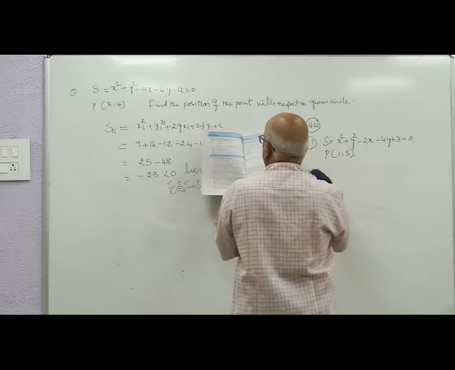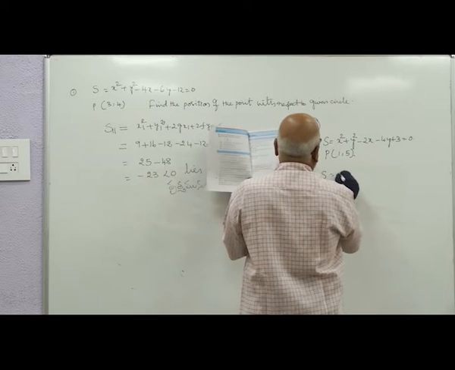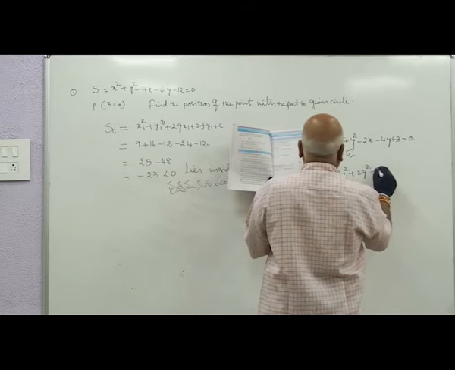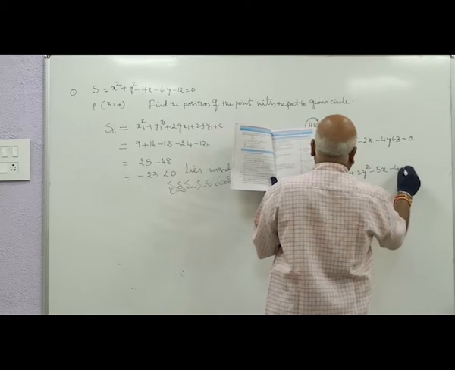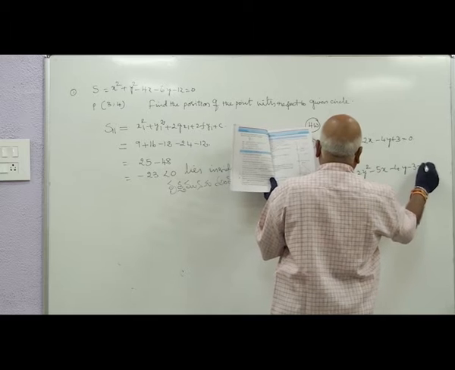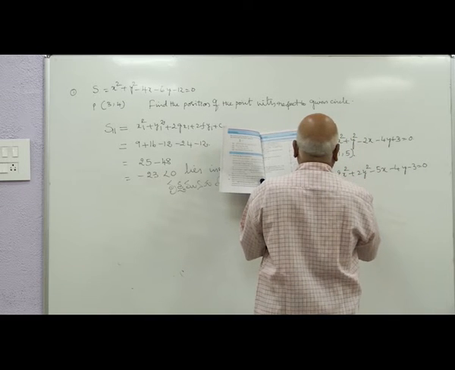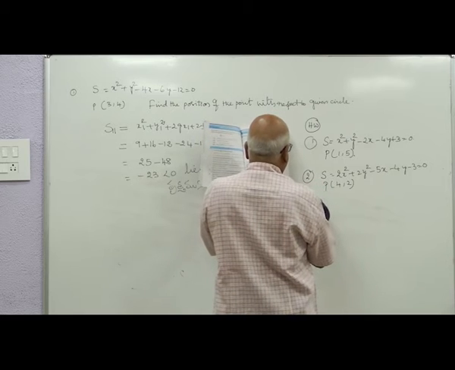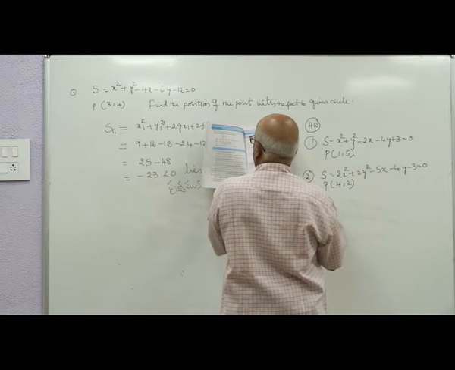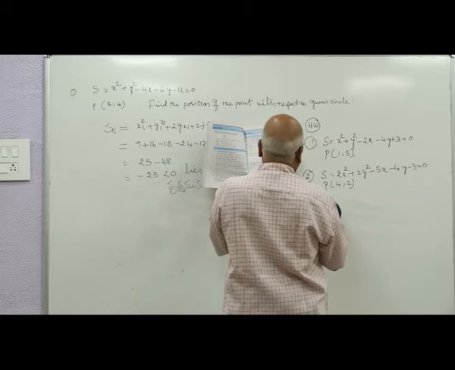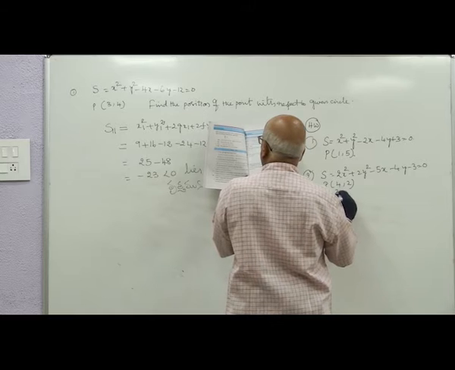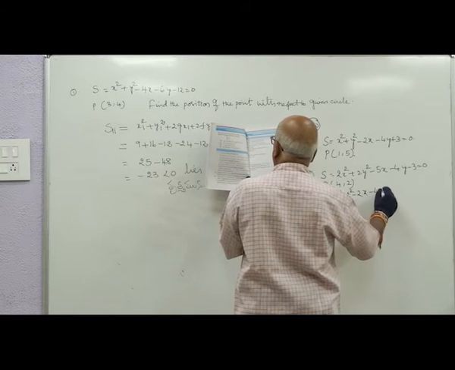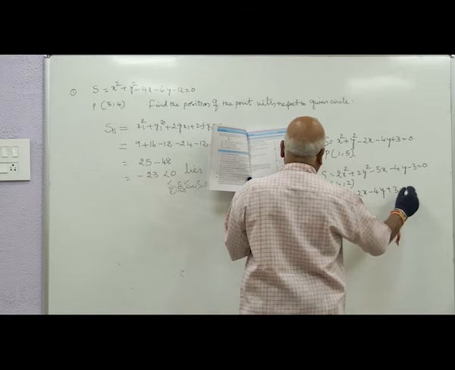Second problem, S equal to 2x square plus 2y square minus 5x minus 4y minus 3 equal to 0. Point is (4, 2). One more also you can take up for practice purpose, that is S equal to x square plus y square minus 2x minus 4y plus 3 equal to 0.